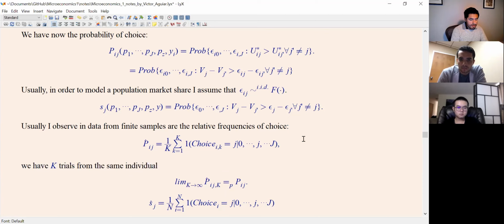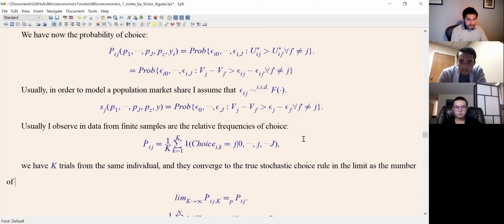And they converge to the true stochastic choice rule in the limit as the number of experiments becomes infinite, right?